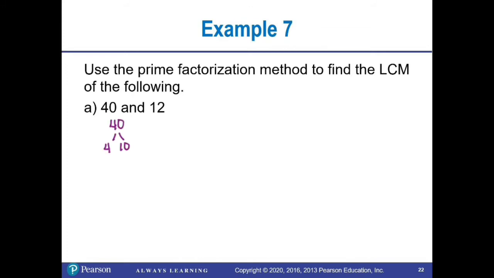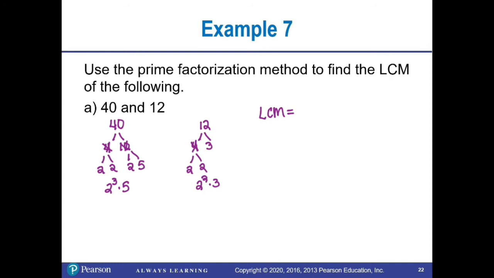So 40 I can rewrite as 4 times 10, 4 is 2 times 2, and 10 is 2 times 5. The prime factorization of 40 then is 2 to the third times 5. 12 is 4 times 3, 4 is 2 times 2, and so our prime factorization for 12 is 2 squared times 3. When I find the LCM, I don't want to just look at what they have in common.